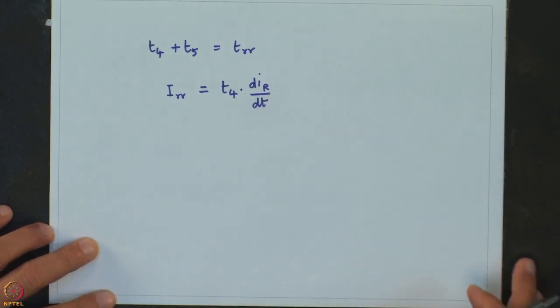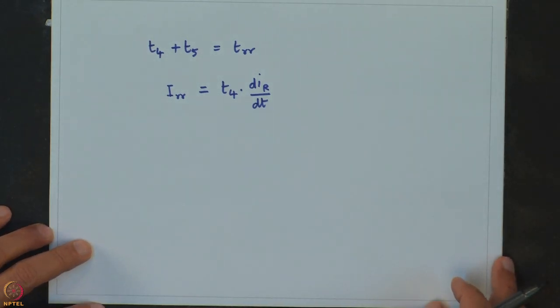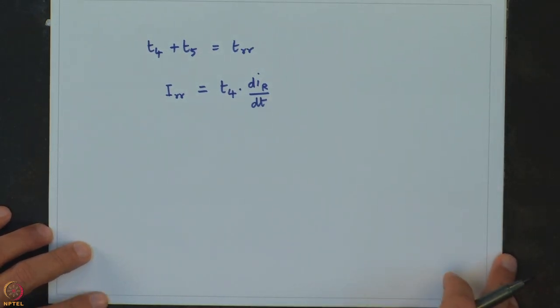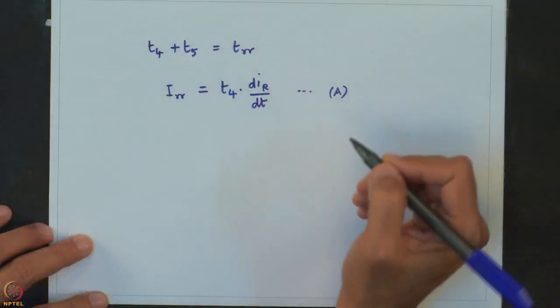Remember IR is what we denote as the falling, turning off diode current. Let me say that this equation is A.